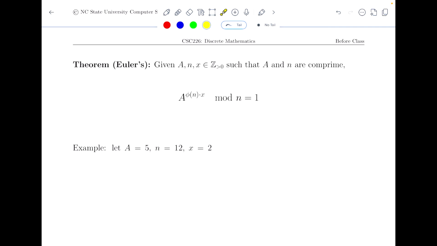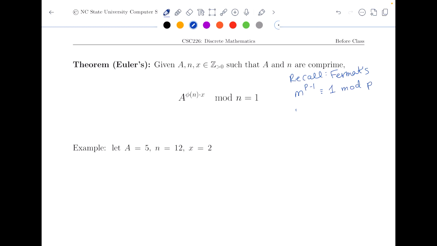If I have a, n, and x, and a and n are coprime, then I have a to the phi of n times x mod n is equal to 1. And so this should look somewhat reminiscent of Fermat's little theorem, where we said m to the p minus 1 is equivalent to 1 mod p.